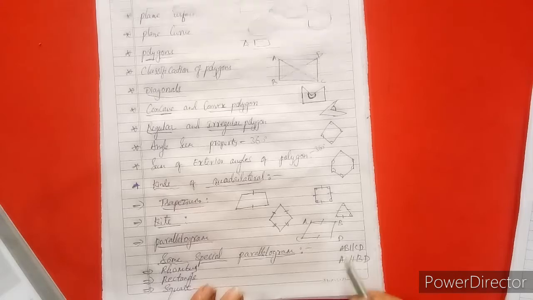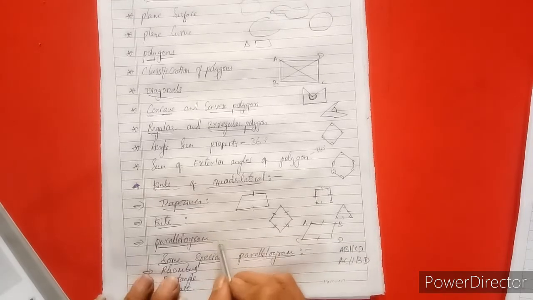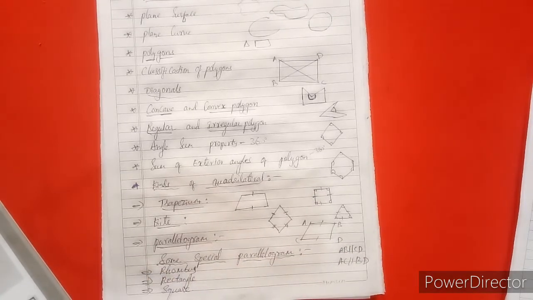These are the two pairs of parallels we get in the parallelogram. Did you understand, everyone? Next, I would like to explain that there are some special parallelograms.